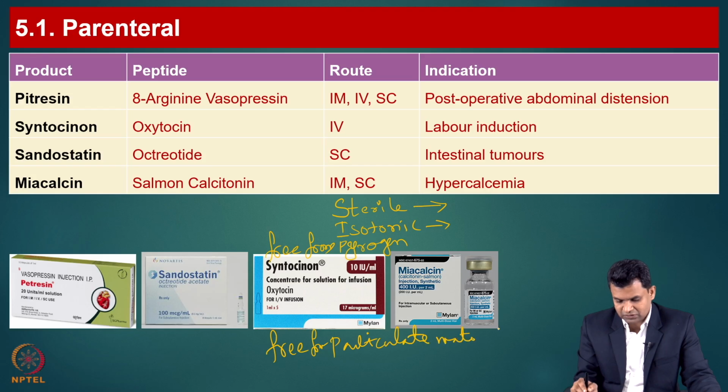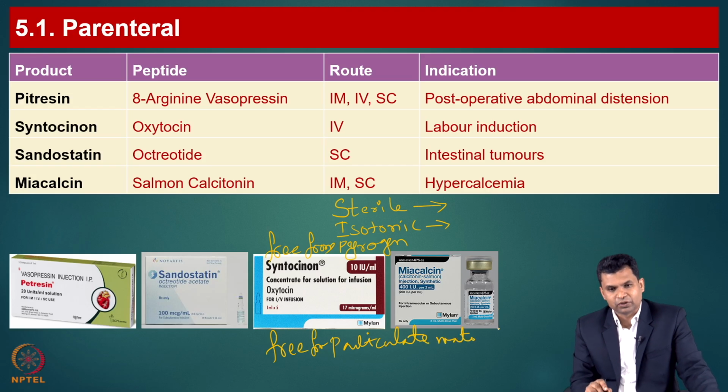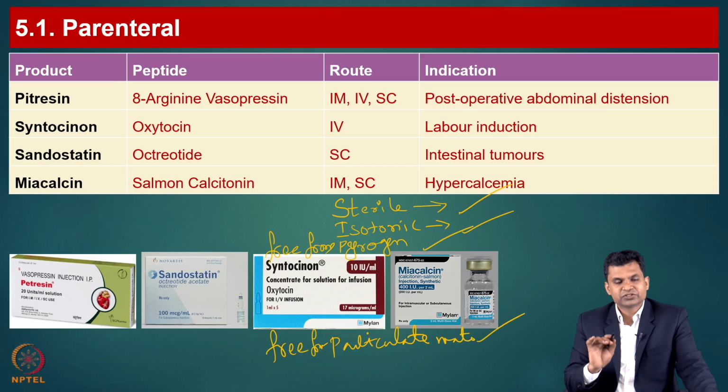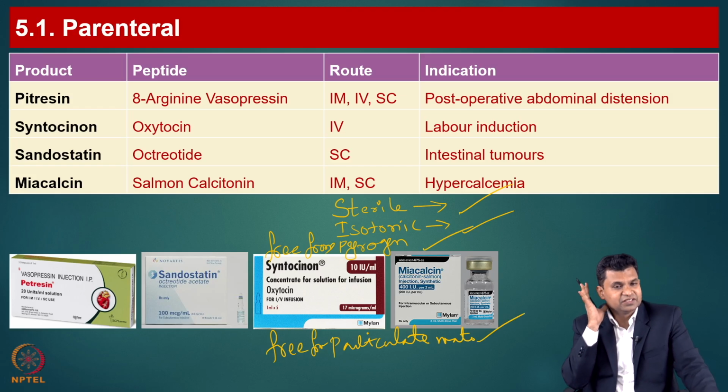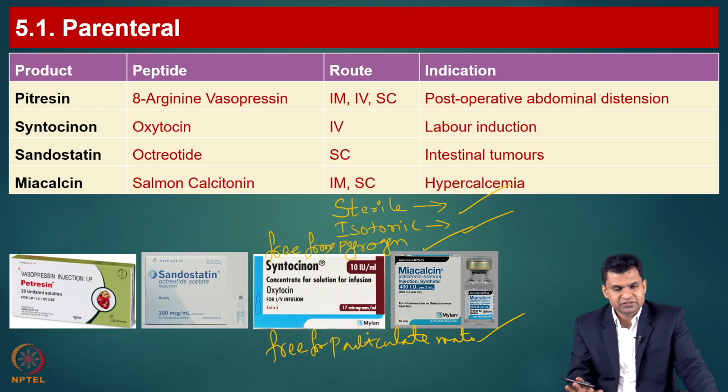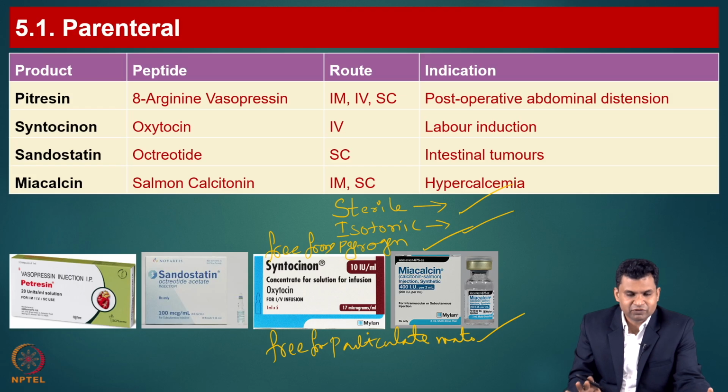This is very, very important. SIPP: the product should be sterile, isotonic, free from pyrogen, free from particulate matter. Then your product is called a sterile formulation, or the parenteral formulation. Otherwise, you cannot use it. These are the minimum essential requirements for any type of parenteral formulation.